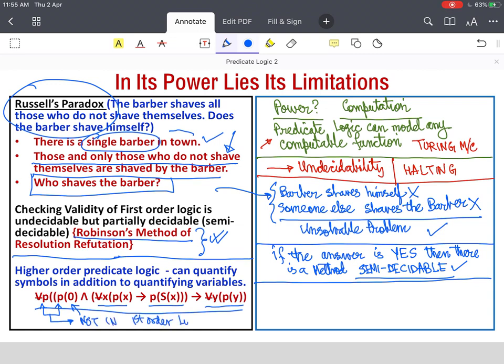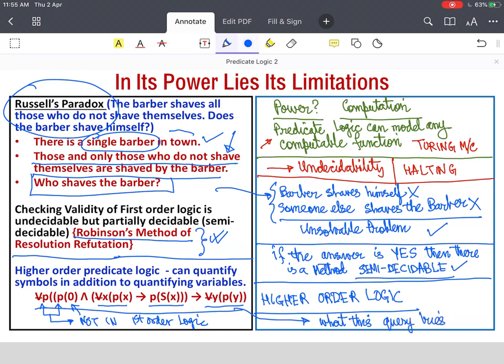This is not in first order logic. So this is higher order logic. But this is a very interesting query, and I will leave it to you to find out what this query tries to say.